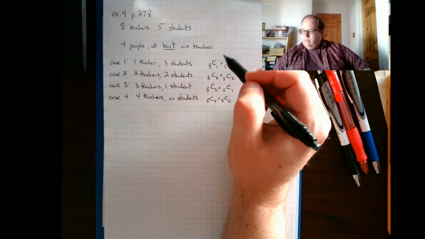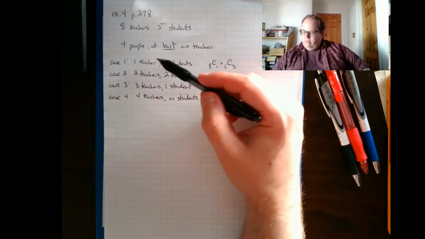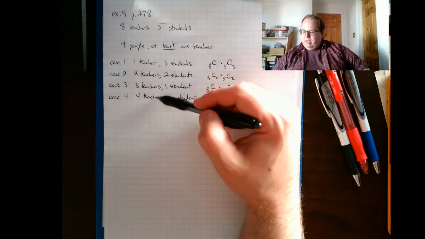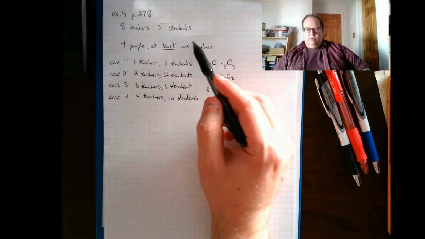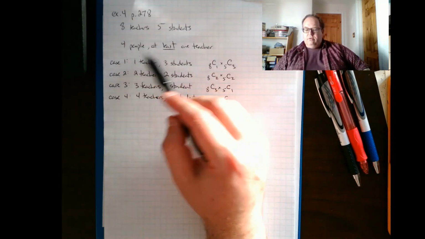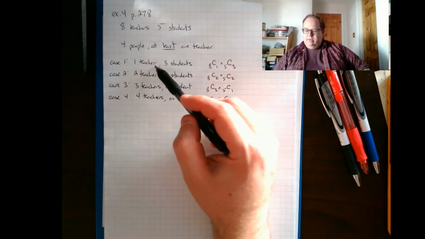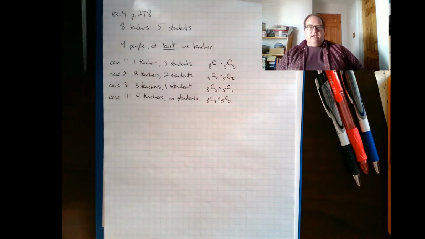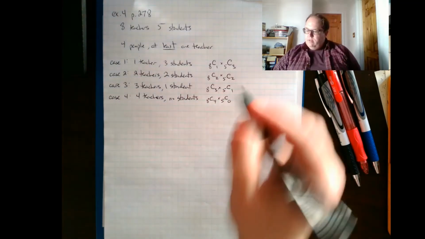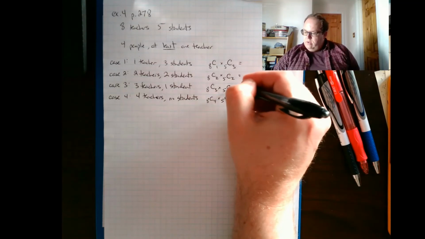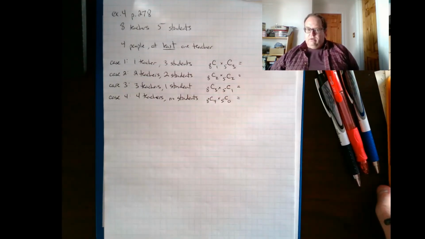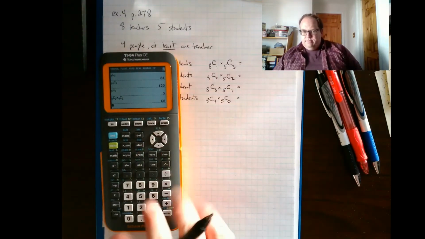Now, you might notice that what we've done here is we've listed out every possible case that meets the criteria we're given. A 4-person group with at least one teacher. These are all the different possibilities that meet that criteria. And so, these are all convenient things we can work out on our handy-dandy calculator.